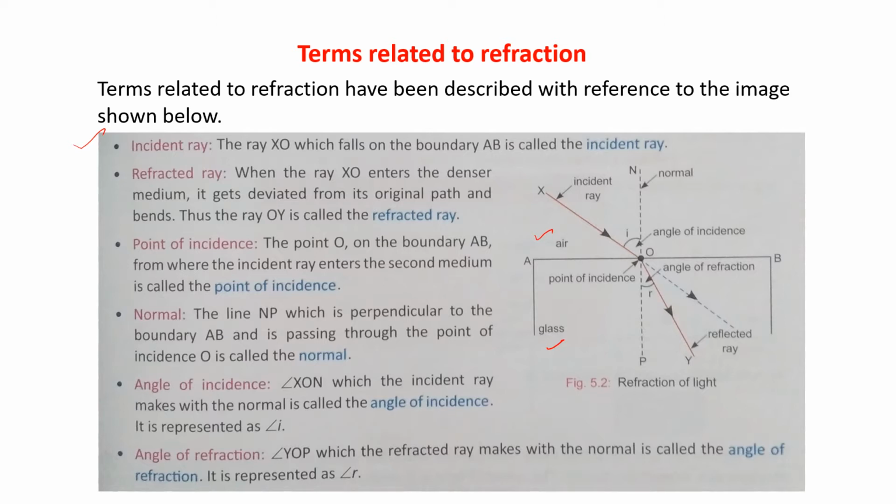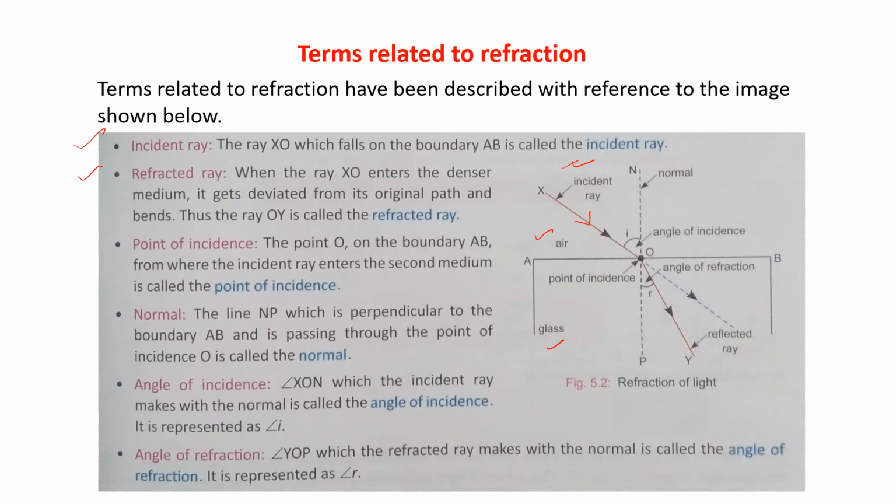Now the ray XO, which is falling on the boundary, is coming from the air medium. You can see here the arrowhead is on this side. It is coming from air and it is entering glass. So this ray is known as the incident ray. Refracted ray: when the ray XO enters the denser medium, glass, it gets deviated from its original path.